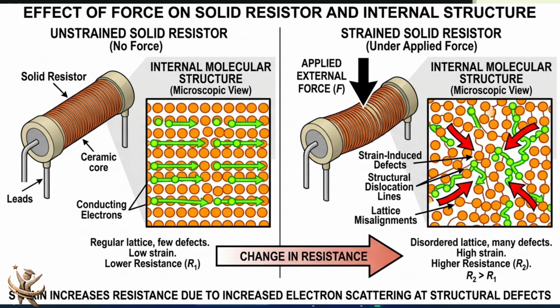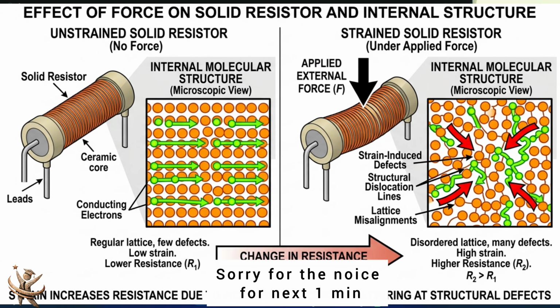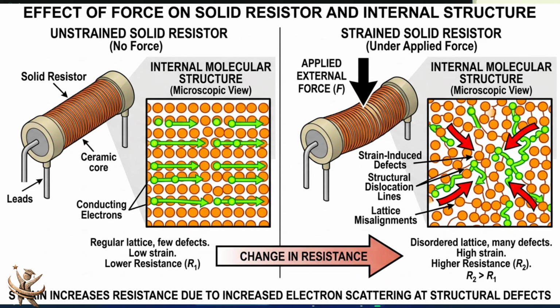Well, if I talk about any conductor, if you imagine it in solid state, it has a particular structure, and we know that the resistance of any solid body depends on the type of defects and even the structural design of the material. Now, there's a term called the piezoresistive effect, and what's the core theory behind it? It means the electrical resistance of the conductor changes when it is physically deformed.